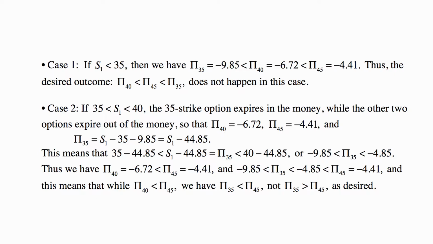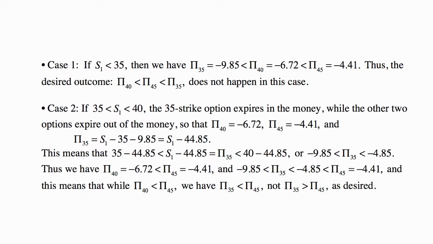Now then, between 35 and 40, the 35-strike option expires in the money, while the other two options expire out of the money, so that pi 40 is negative 6.72 and pi 45 is negative 4.41, and pi 35 is S1 minus 35, the payoff, minus 9.85, so it's S1 minus 44.85.